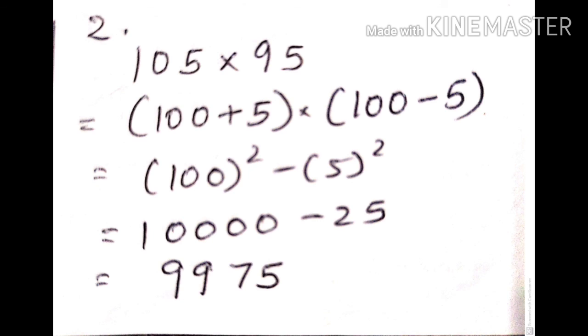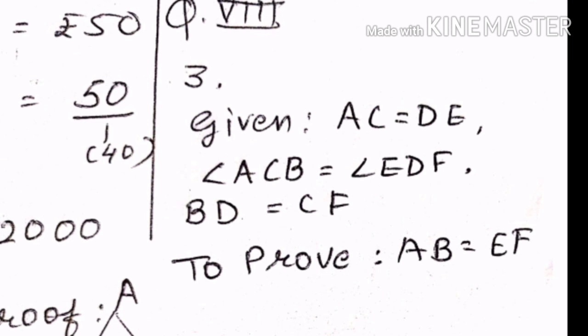Now moving to the next question, question number 8, third. That is the last question of this worksheet, based on the triangle chapter. It is a prove-that type of question, students. Given AC is equal to DE, angle ACB is equal to angle EDF, and BC is equal to DF also given. You have to prove here AB is equal to EF.